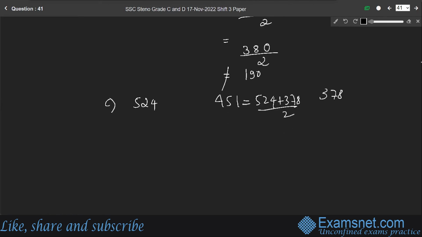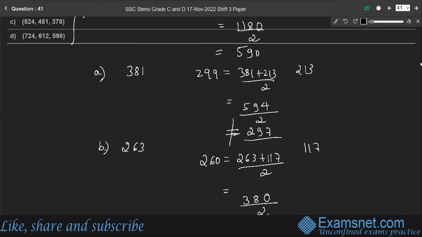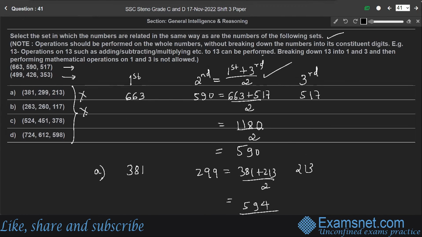So here 8 plus 4, 12, then 10, yes, 902 by 2, which is equal to 2 into 4, 2 into 5, 2 into 1. Yes. Therefore, option C follows the logic of the given two sets, in which the second number is equal to the sum of the first and third number divided by 2. So option C is the right answer.